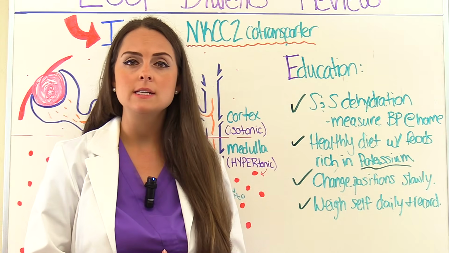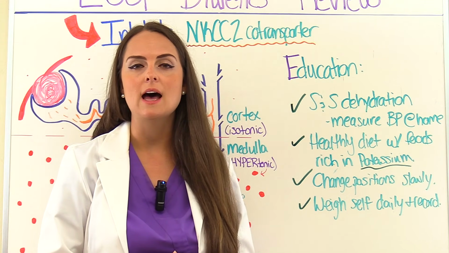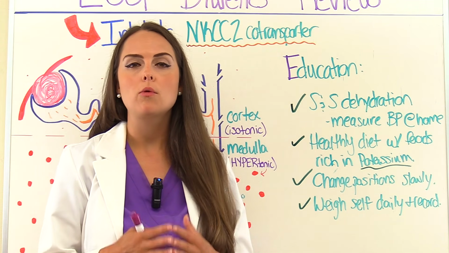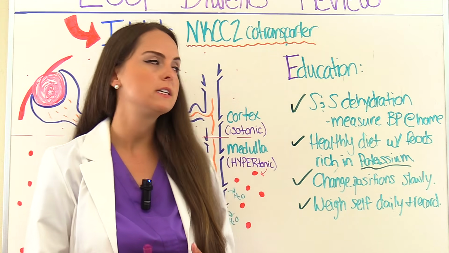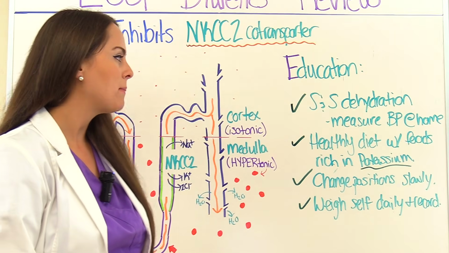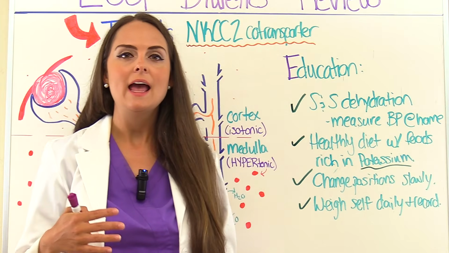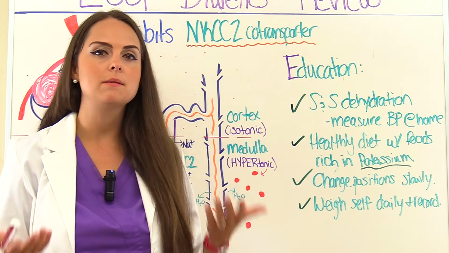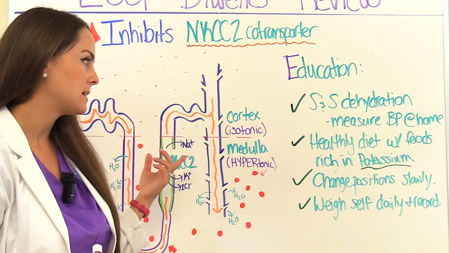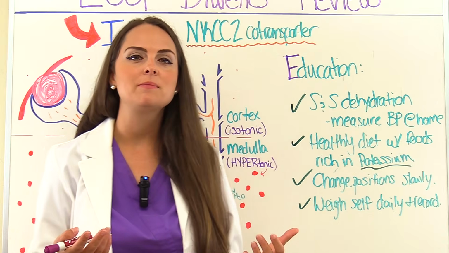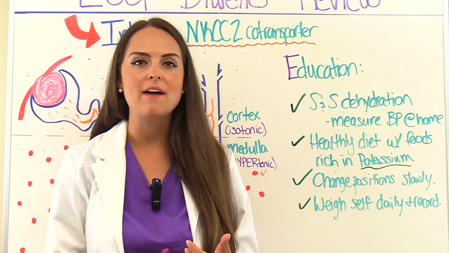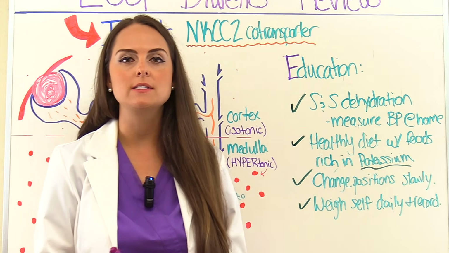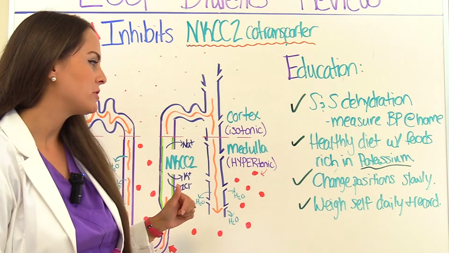If they're really hypotensive, where that systolic is less than 90, and all that together, they'll want to report to their physician. And teaching them about following a healthy diet and eating foods that are rich in potassium because we're wasting potassium. And foods that are rich in potassium are like potatoes, avocados, bananas, spinach, etc. So they definitely don't want to restrict that.